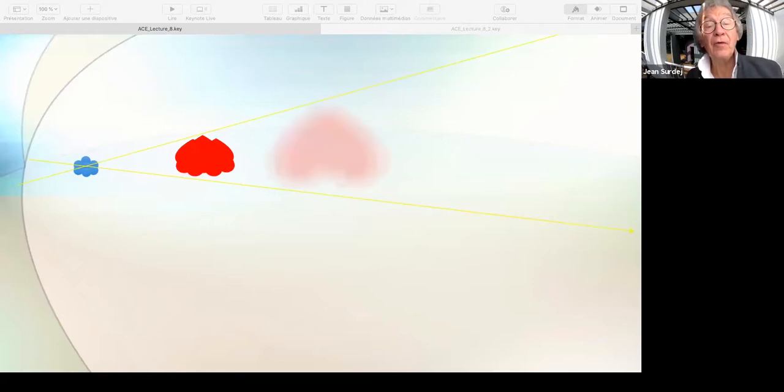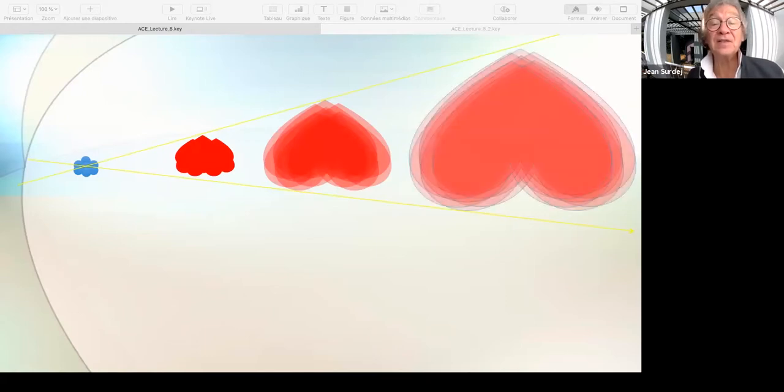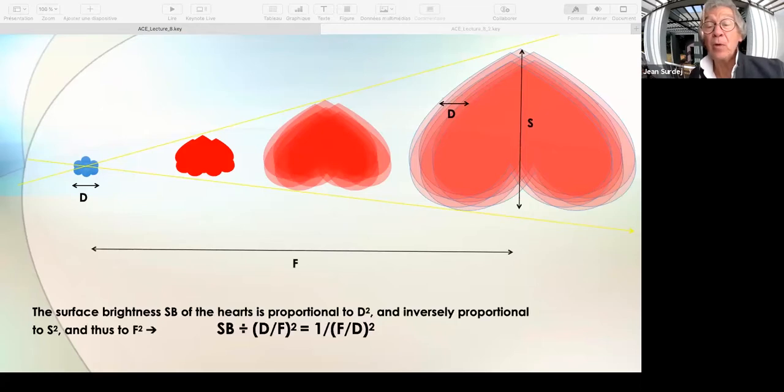Now, if we go farther away, of course the size of the hearts is larger, and the blurring effect is decreasing. Now I still set the screen farther away, and this is the image I would see. So you see here, I almost see the true shape of the hearts. But of course, there is some dimming. The farther away you go, the surface brightness will decrease.